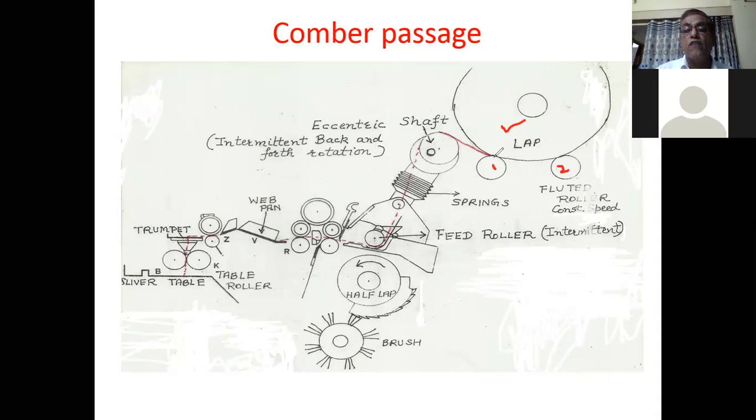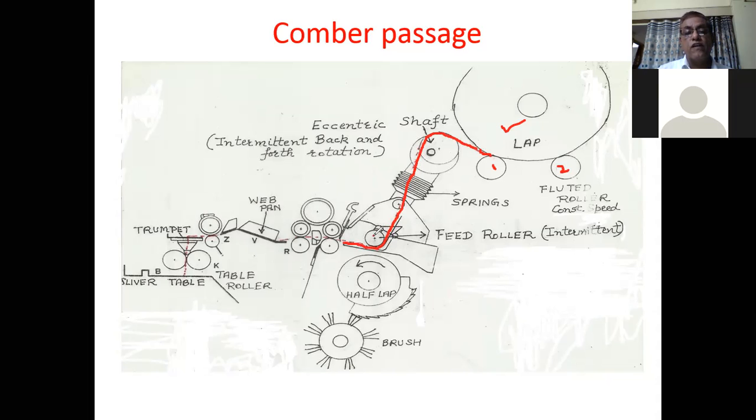So the lap is unwound due to rotation of the lap rollers, and then this is the lap sheet which is passing over the centric shaft, and then it is passing between the feed roller and bottom nipper.